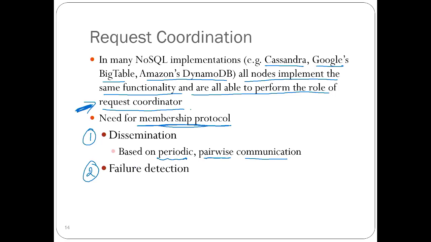Since this discussion has Cassandra, Google's Big Table, as well as Amazon's DynamoDB all taken together, these are some general statements, right? So what would be periodic? I don't know, maybe after some time. That could be a few minutes, a few seconds, I don't know.